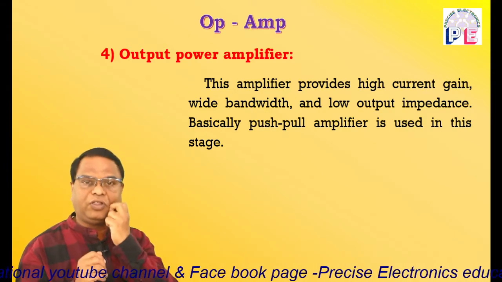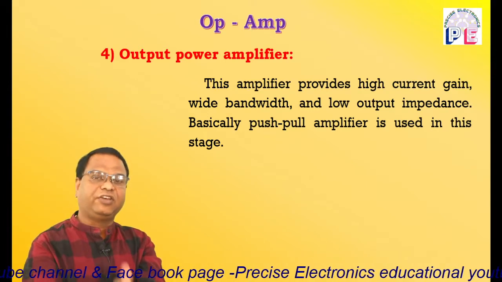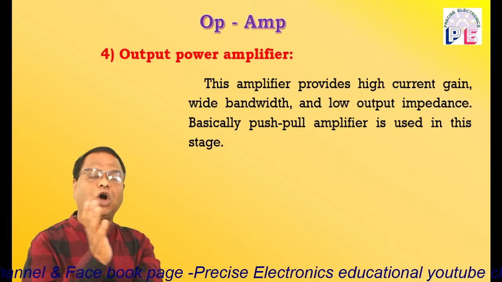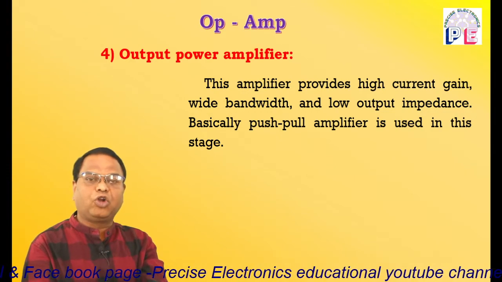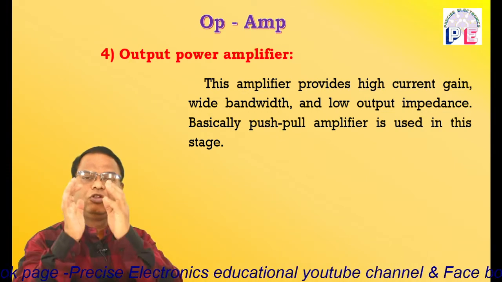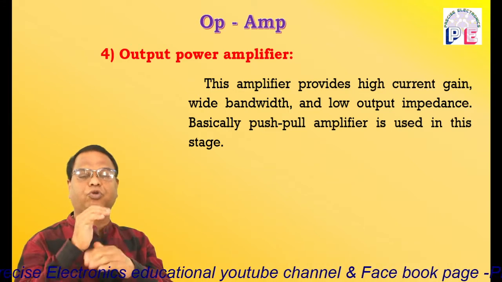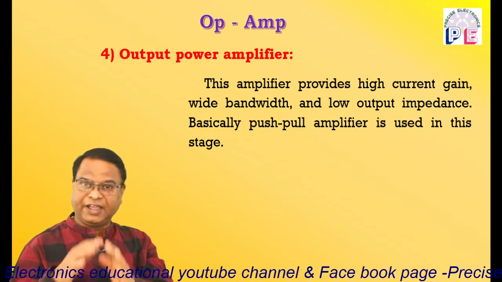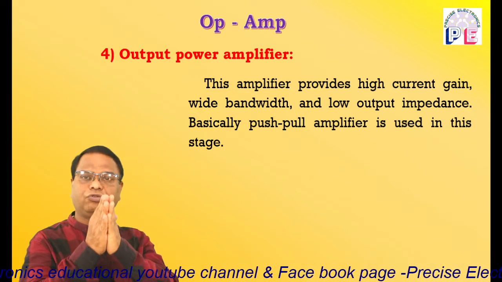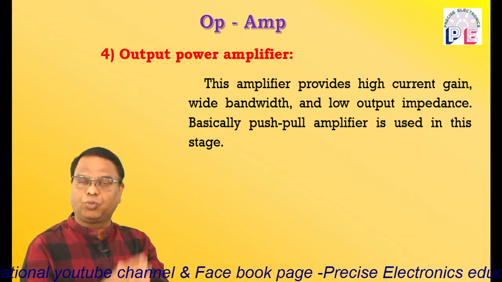Both signals can be faithfully amplified because of the wider bandwidth. And this circuit provides low output impedance, because the emitter follower is already used. So that is the fourth block, the output power amplifier, which provides high current gain, wide bandwidth, and low output impedance.